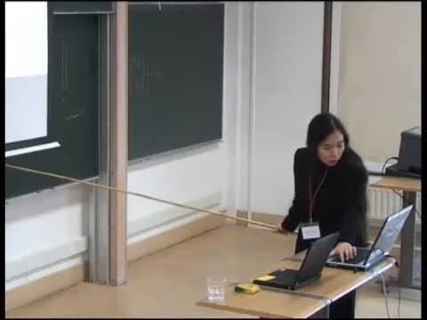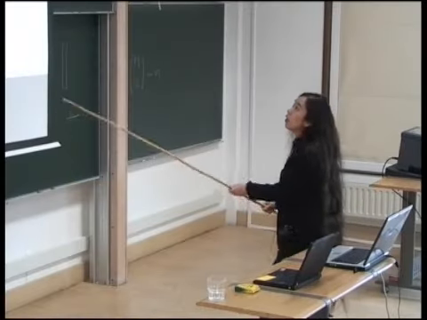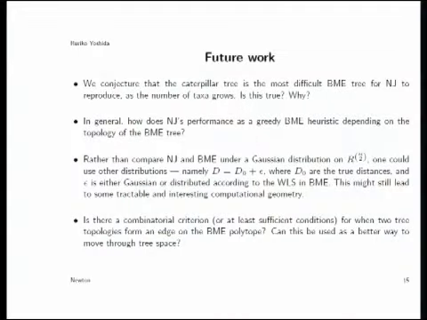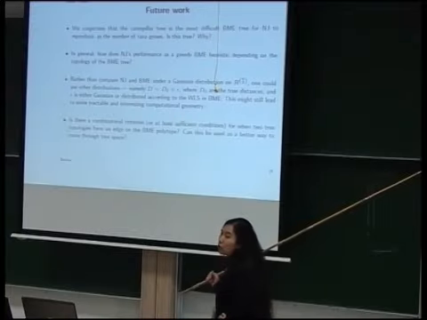All right, so this is the future work. Like I said, the caterpillar tree is the most difficult for neighbor-joining in recovering BME trees, and we don't know why. I would like to compare not only the neighbor-joining method and the BME method, but also tree matrices.